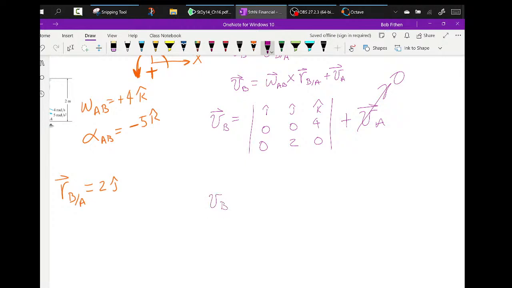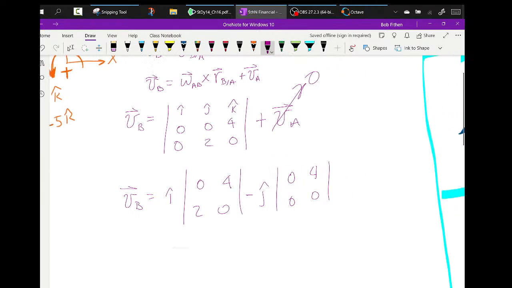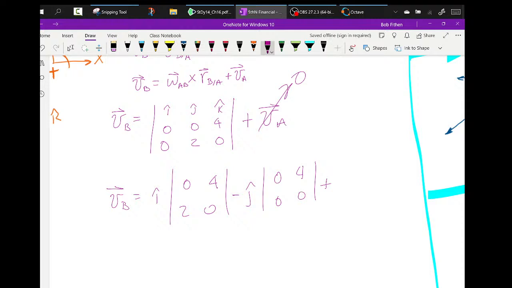Velocity of B will also be, as a reminder, X this out, use the matrix, goes right here, 0, 4, 2, 0, minus J. Again, X this out, take this matrix, put right here, 0, 0, 4, 0, and as always, you're not going to get anything here.